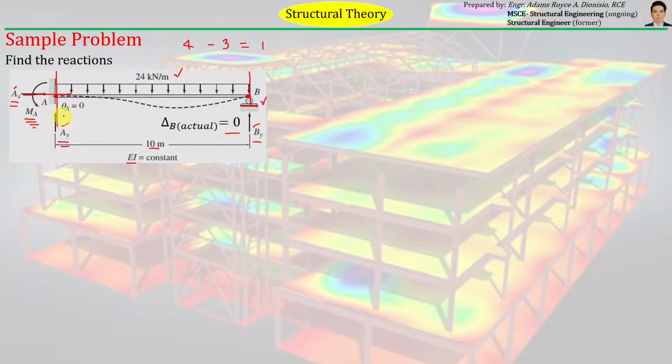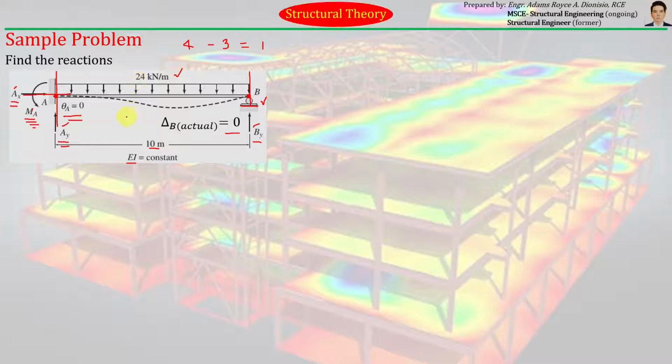So therefore, the slope of the beam at point A will obviously be equal to zero, because the fixed support restrains the rotation at point A. So those are the actual response, or should I say actual characteristic, of the given structure.